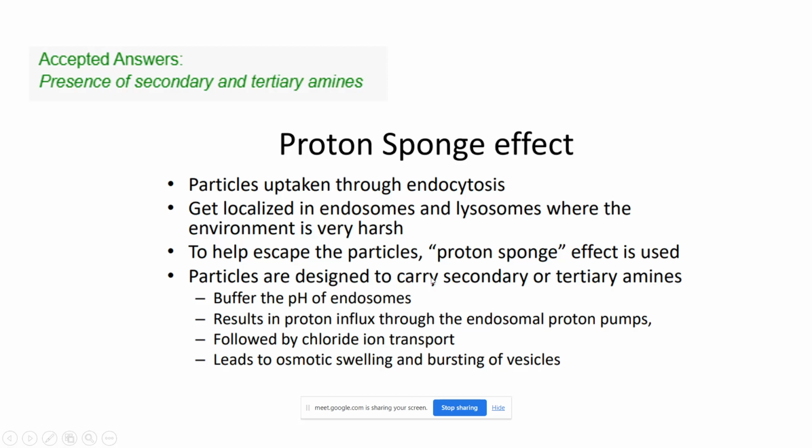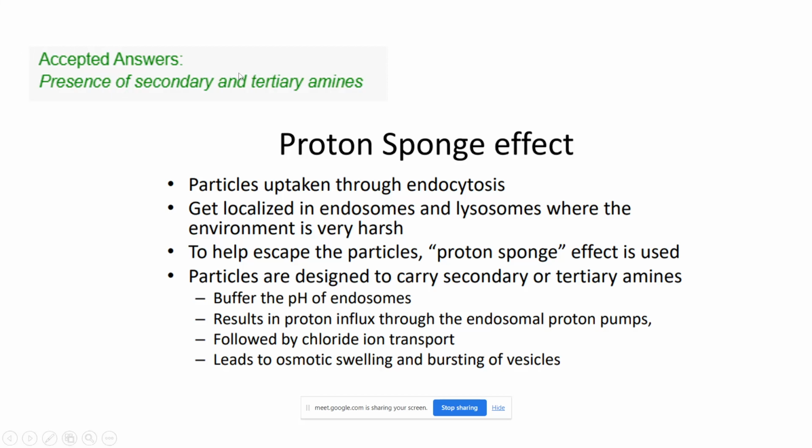That is, the particles are designed to carry secondary or tertiary amines. So they buffer the pH of the acidic endosomes or lysosomes and result in proton influx through the endosomal proton pumps. It attracts more and more ions inside the lysosomal or endosomal compartment, followed by chloride ion transport, leading to osmotic swelling and bursting of the vesicles, which releases the particles into the cytoplasm.